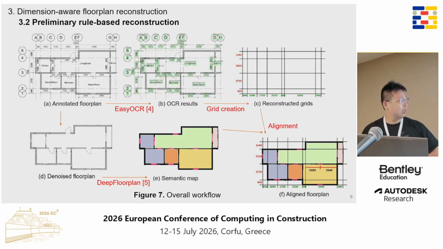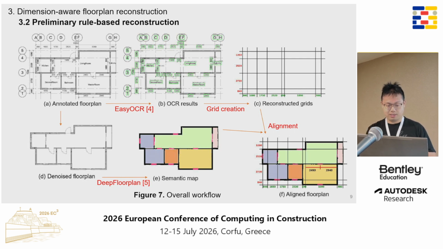So here is the workflow. We run a fine-tuned OCR directly on the annotated floor plan, reading each dimension, and reconstruct a reference grid. Then we use the OCR result to guide the denoising and conduct semantic segmentation.